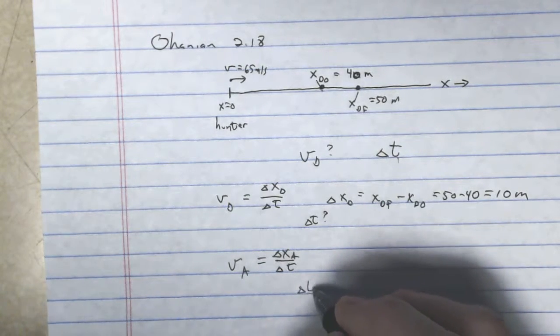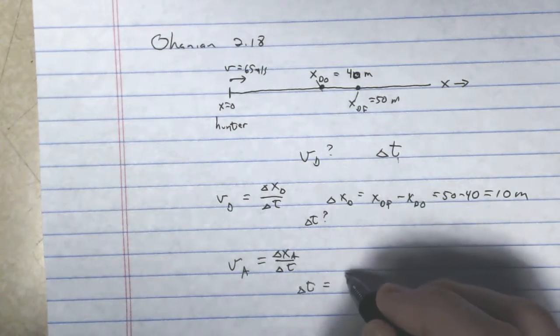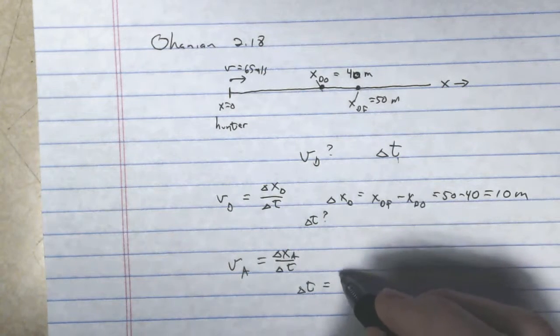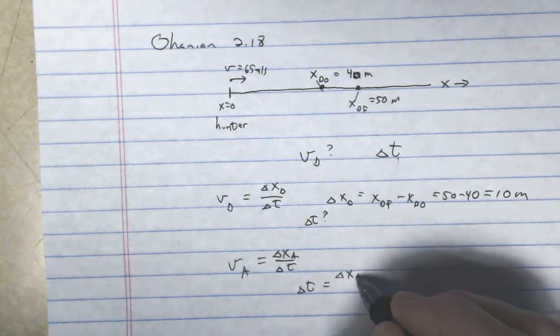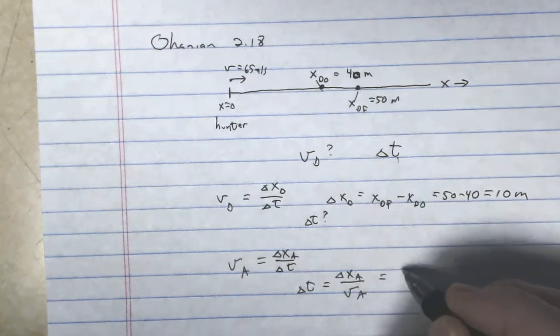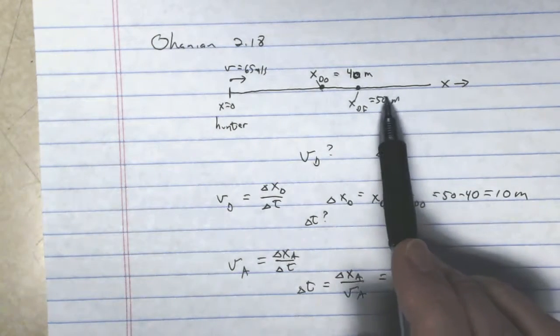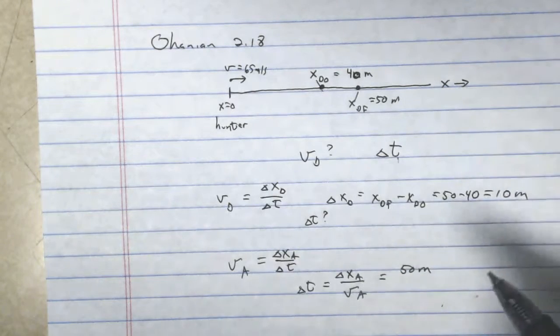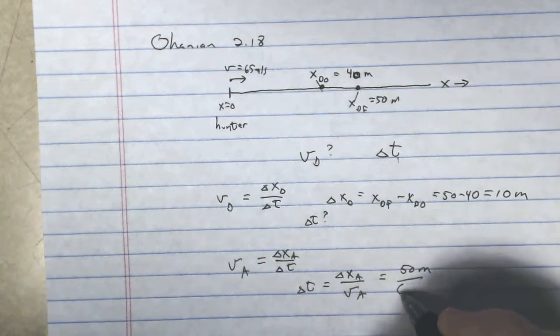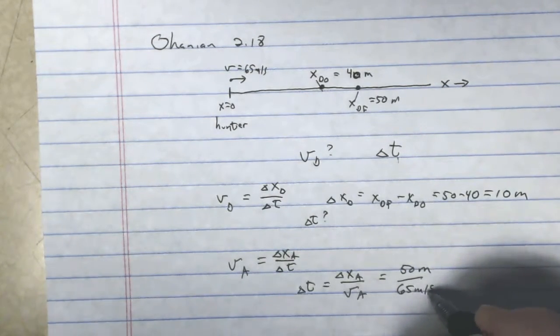The time the arrow's in the air is equal to, just rearranging this equation, delta t equals delta x of the arrow over the velocity of the arrow. And that's 50 meters for the arrow, 50 where it ends, it was originally at 0, divided by 65 meters per second.